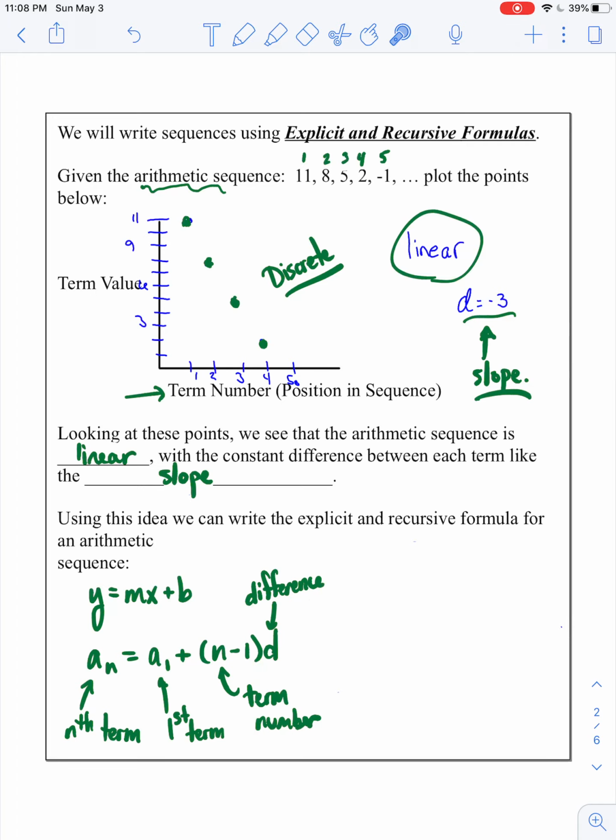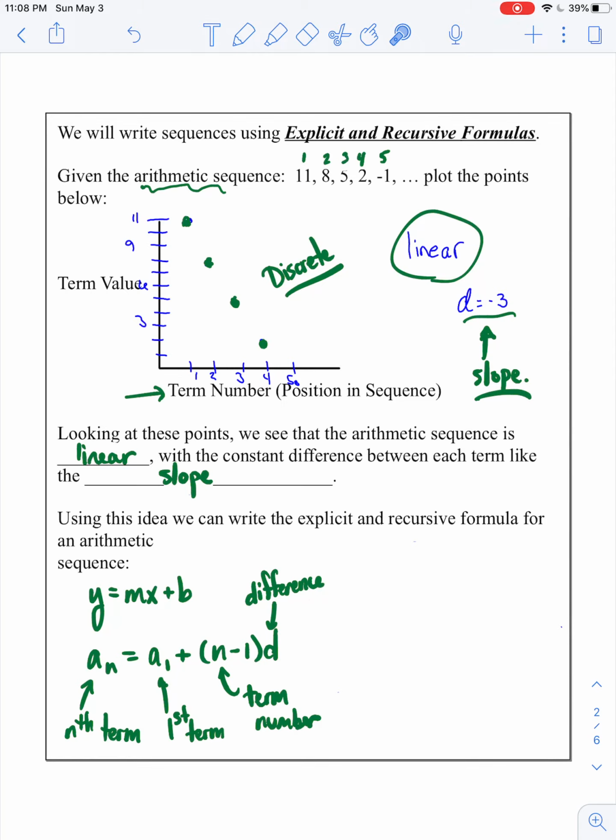The reason it's n minus 1 is because going from the first term to the second term, you've only applied the difference once. If you're trying to get to the 10th term, you've only applied the difference 9 times, so that's why it's n minus 1.